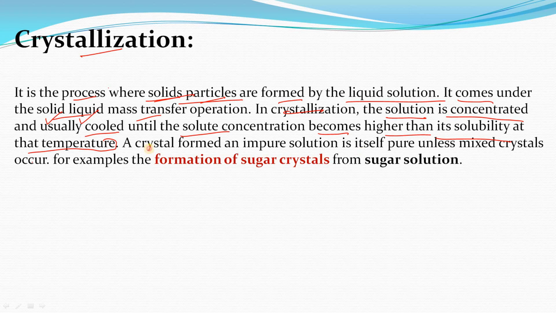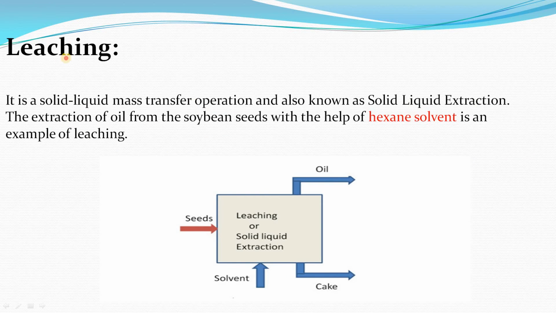A crystal formed from an impure solution is itself pure unless mixed crystals occur. An example of crystallization is the formation of sugar crystals from sugar solution. Now the next mass transfer operation is leaching.